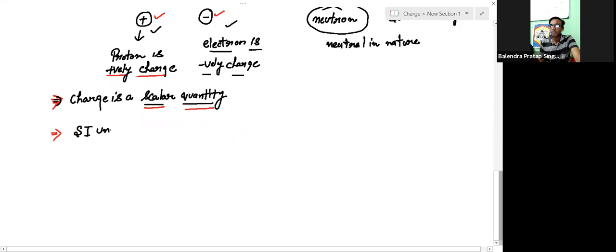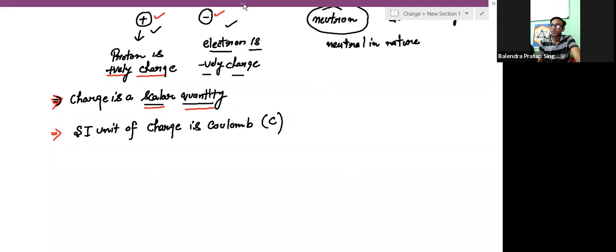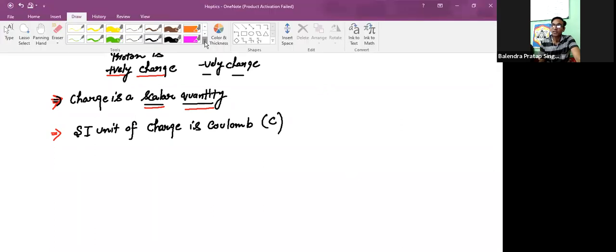The SI unit of charge is Coulomb, which we denote by capital C. The SI unit is Coulomb. Now, next, another important point. These are important points related to charges.